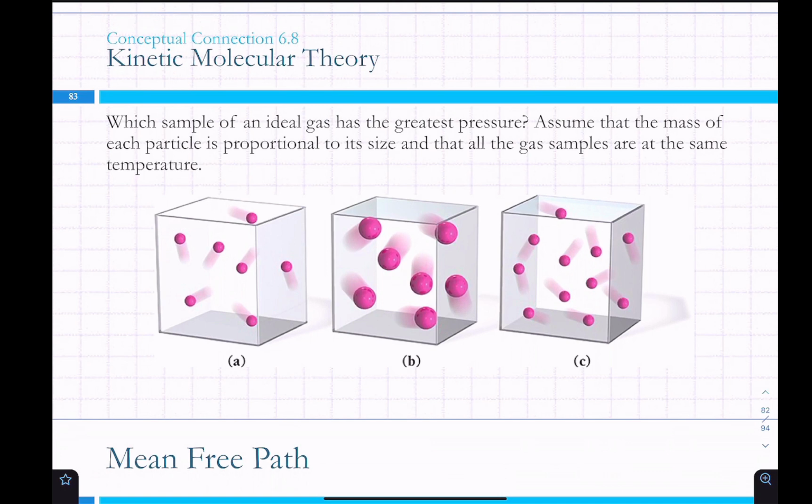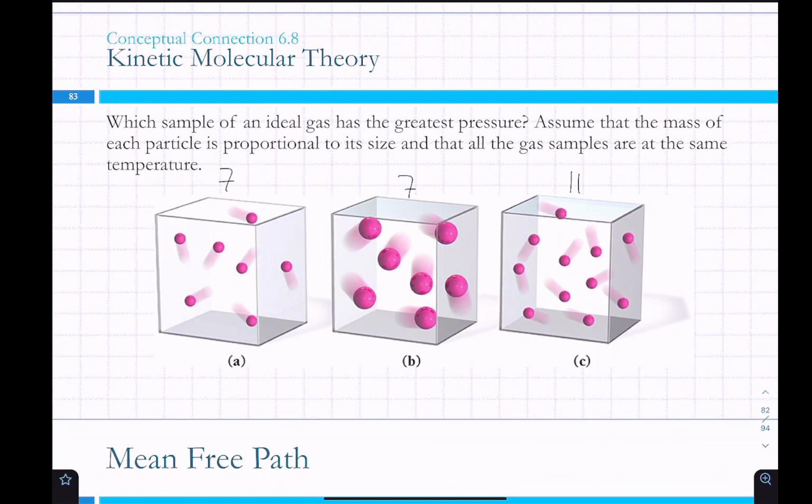So which of these would have the greatest pressure? They're all at the same temperature. If the particles are bigger, they're heavier. So that's 7 particles. This one's 7 as well. This one's more than 7, 11 particles.